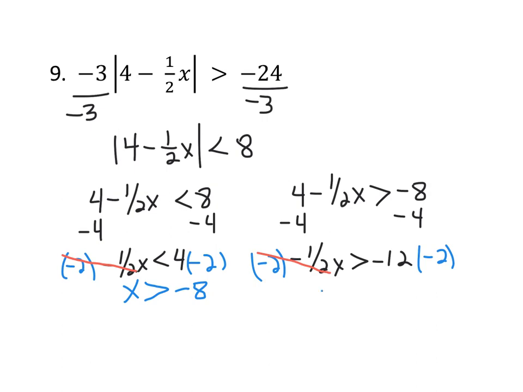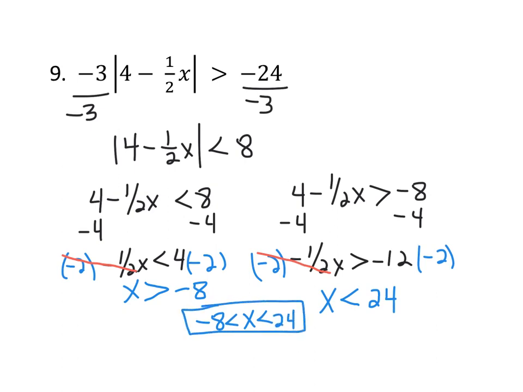Again, the inequality flips because I'm multiplying by a -2, and this becomes a +24. So my solution is that x is greater than -8, but less than 24. So that would look like this. -8 is less than x is less than 24. And that would be the solution set for this particular absolute value inequality.